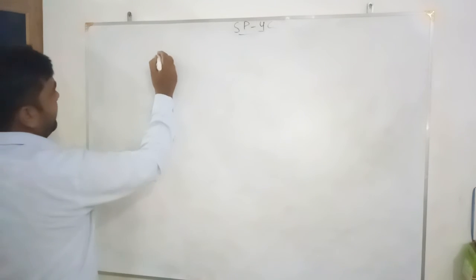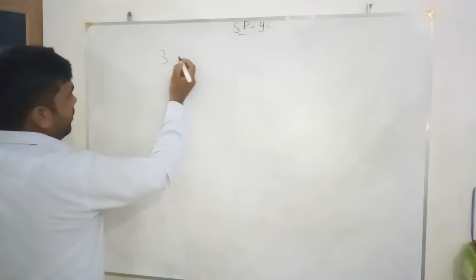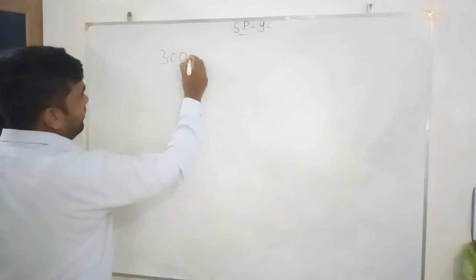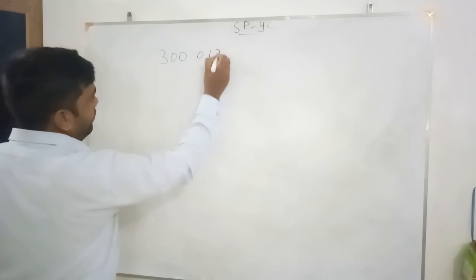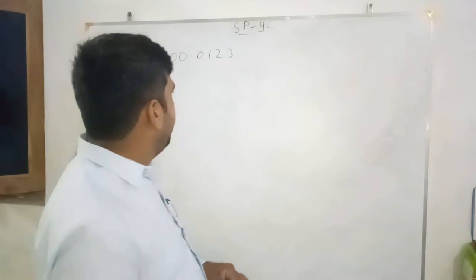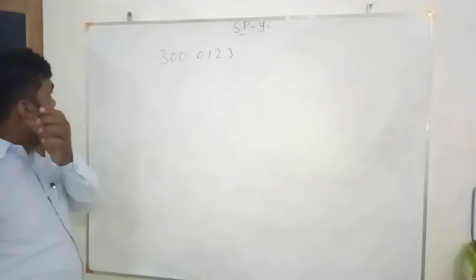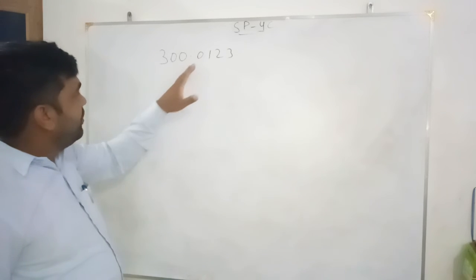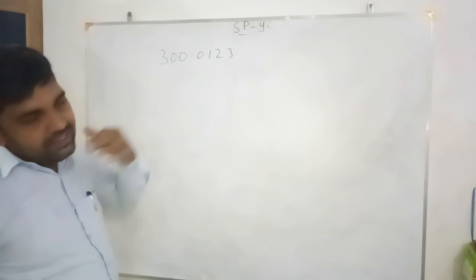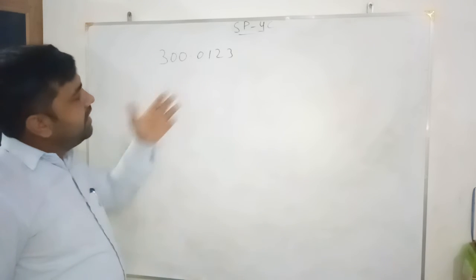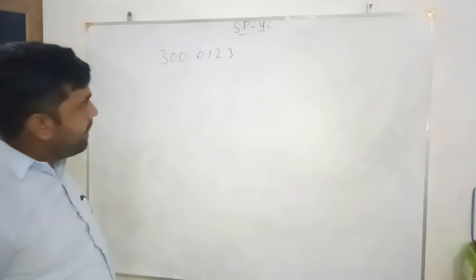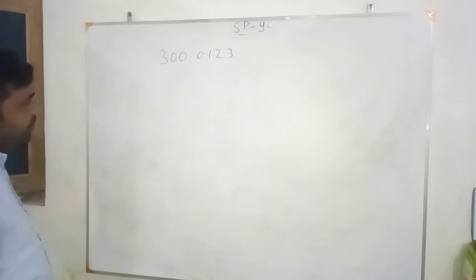Suppose a number is written like 300.0123. Expressing it in scientific notation means that before the decimal there should be 1 digit, but here before the decimal there are 3 digits, and the number should be expressed in the form of exponents. See how we do it.